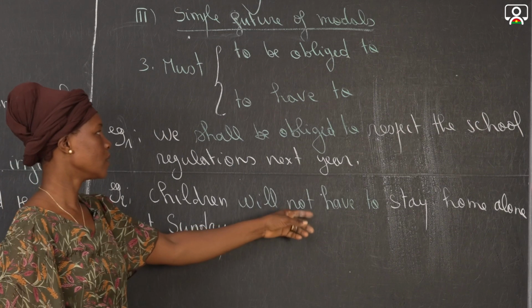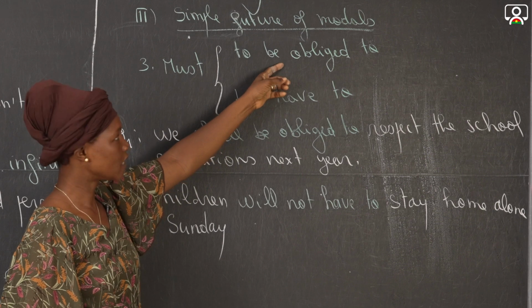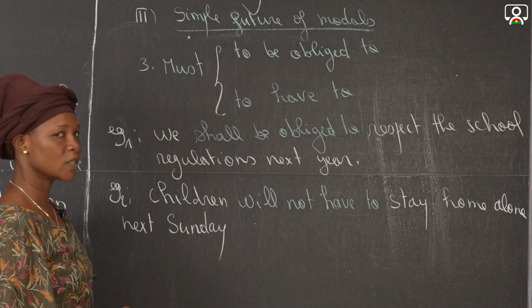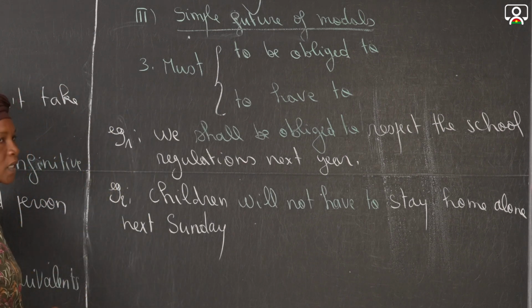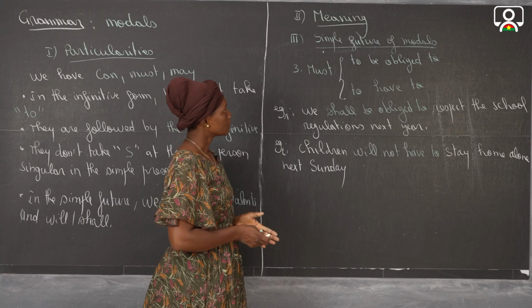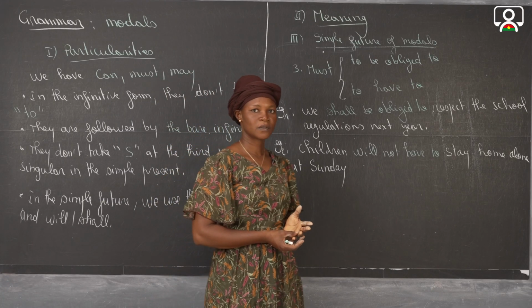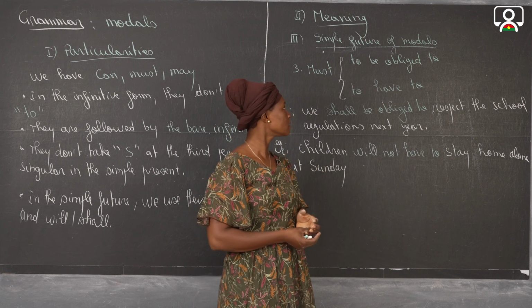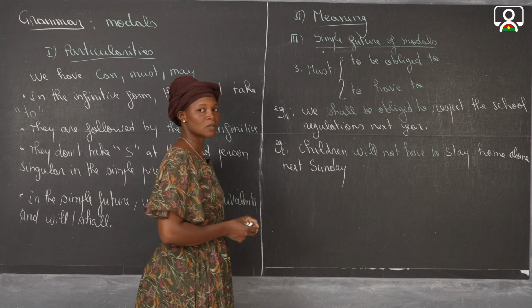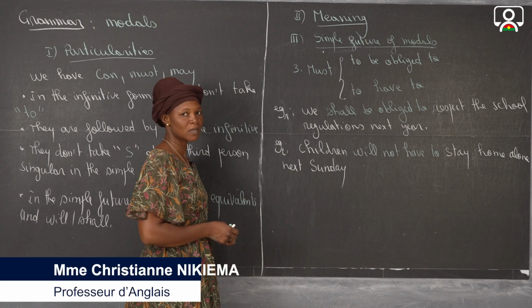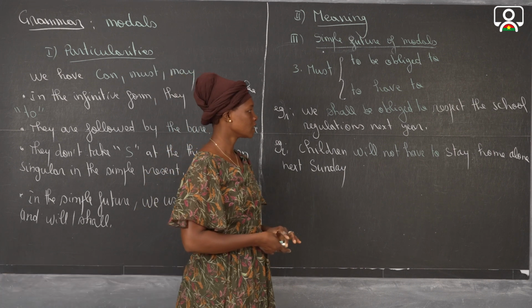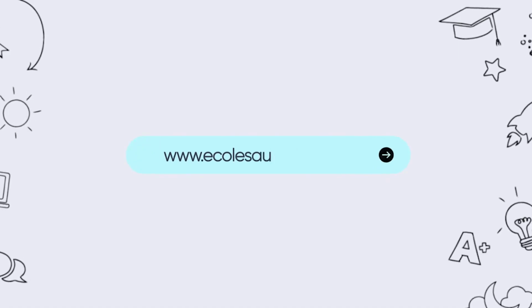So you can use either to be obliged to or to have to to form your simple future when you have must to conjugate in this tense. So we are going to stop here for the modals, after seeing the particularities, the meanings, and also how to conjugate them in the simple future. So now I'm going to propose you an exercise for your practice.